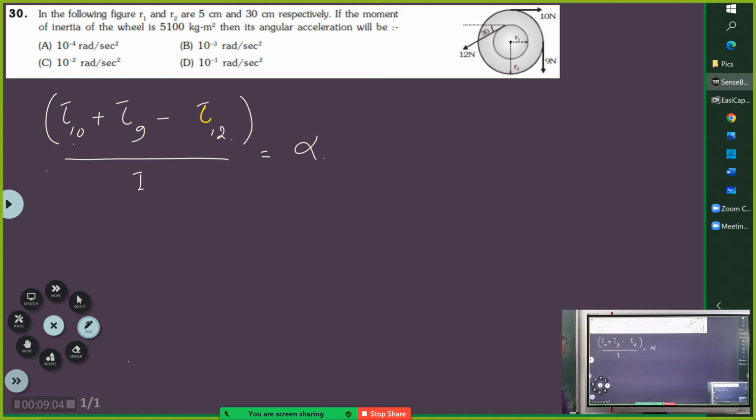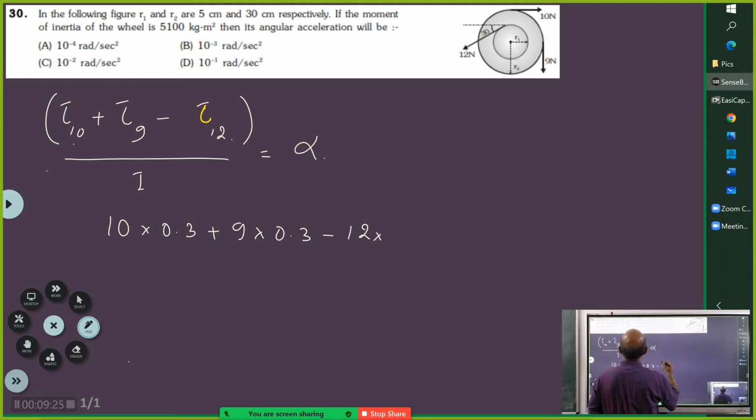That's it. So tau is 10 into R2, the radius. R2 is 30 centimeters, so 0.3, plus 9 into 0.3, minus 12 into 0.05, 5 centimeters.